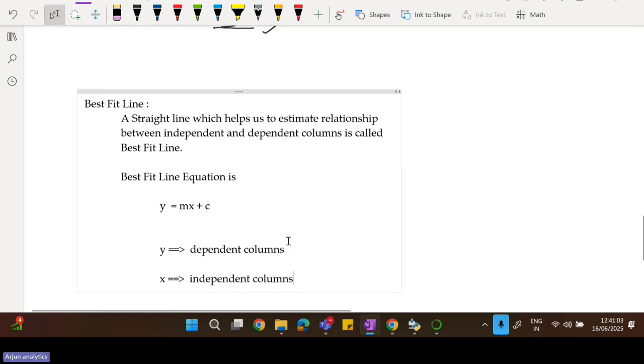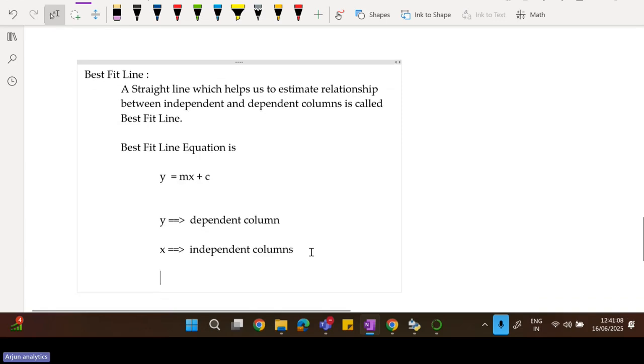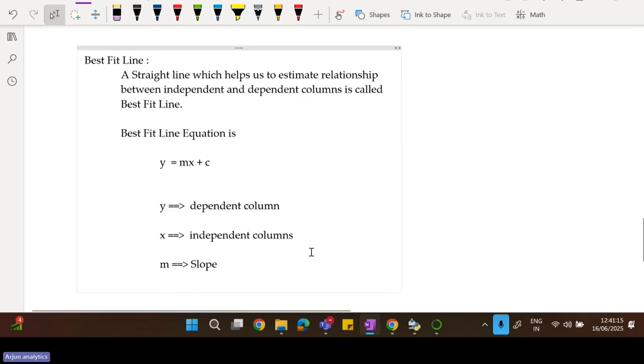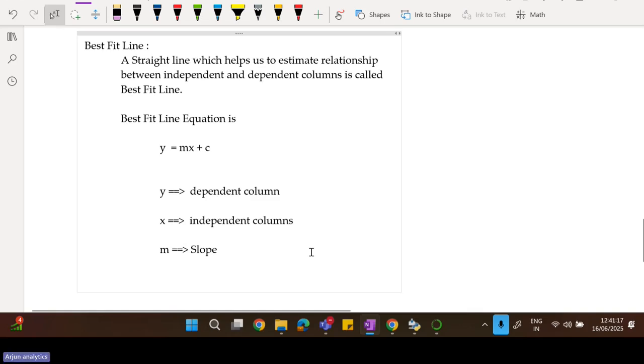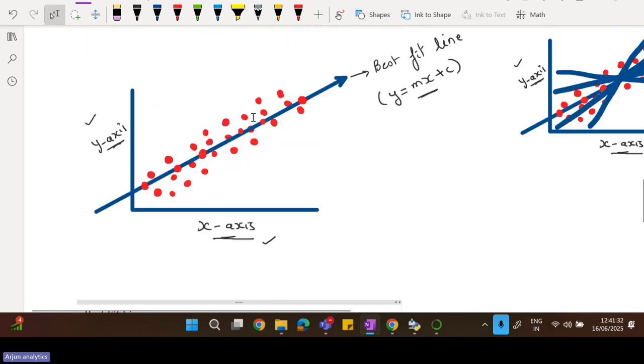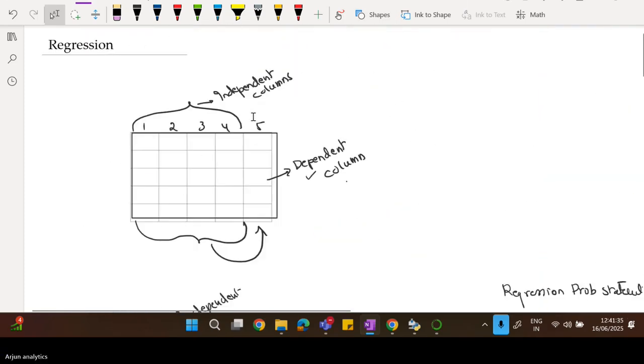The dependent column is one column, and the independent columns can be many. m is equal to the slope, and c is equal to the y-intercept. This is how we arrive at our best fit line.